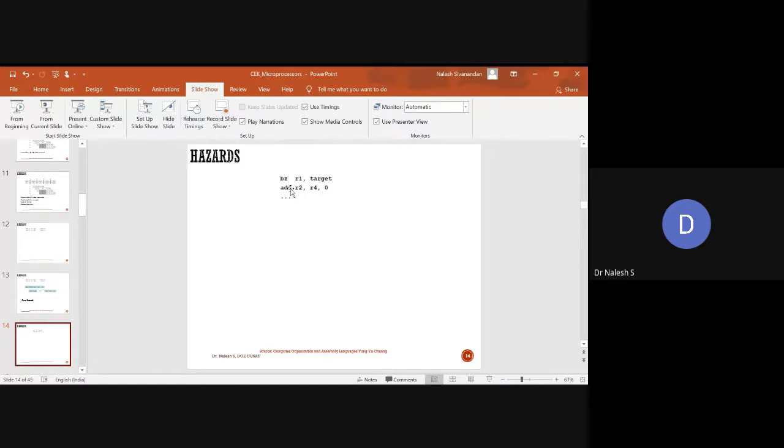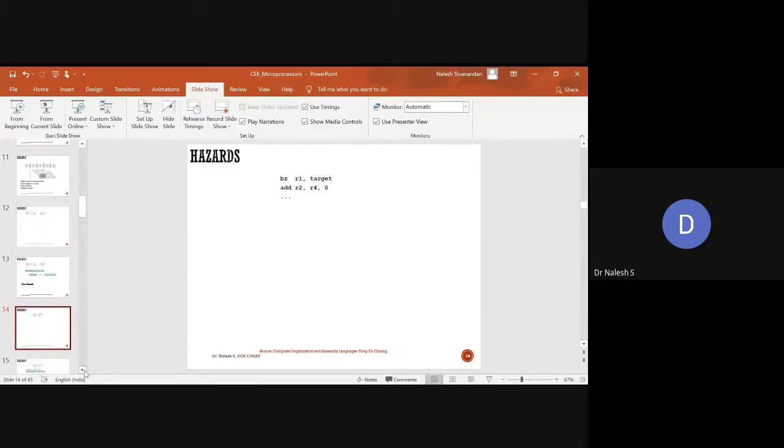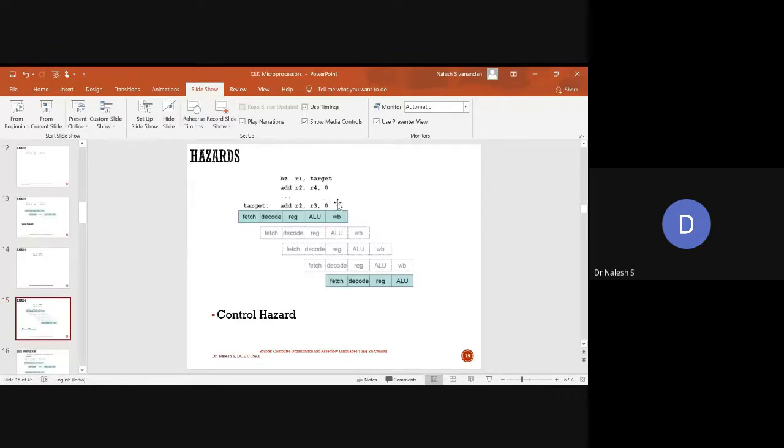So you wait till the branch instruction is complete and then only execute. For example, here the target is some other place where it is add. So depending on the value you get from the branch instruction, you wait till that and then only start fetching.